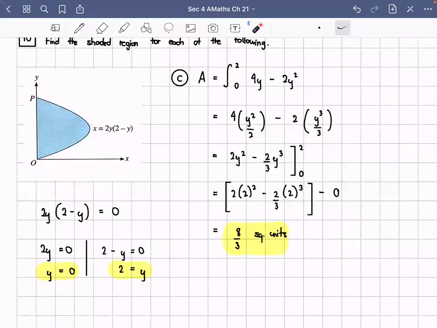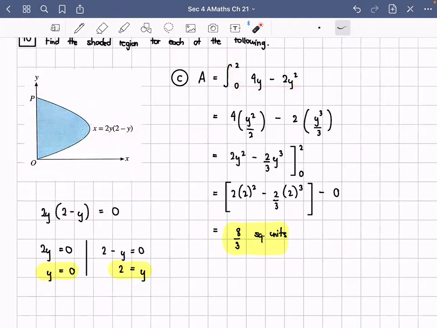Now, for letter C, if we got 2 and 0, we now have our upper and lower limit. So let's evaluate this. This now is in terms of y already, so I don't have to do some math gymnastics here. Basically, just simplify this. You'll get 4y minus 2y squared from 2 to 0.